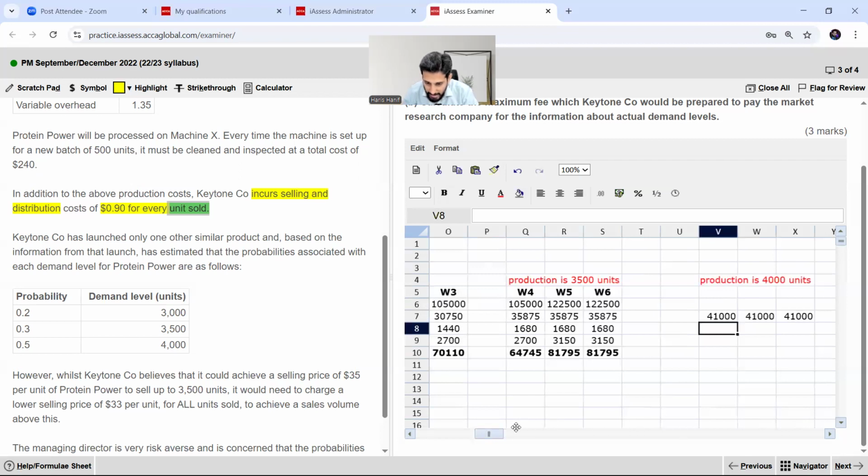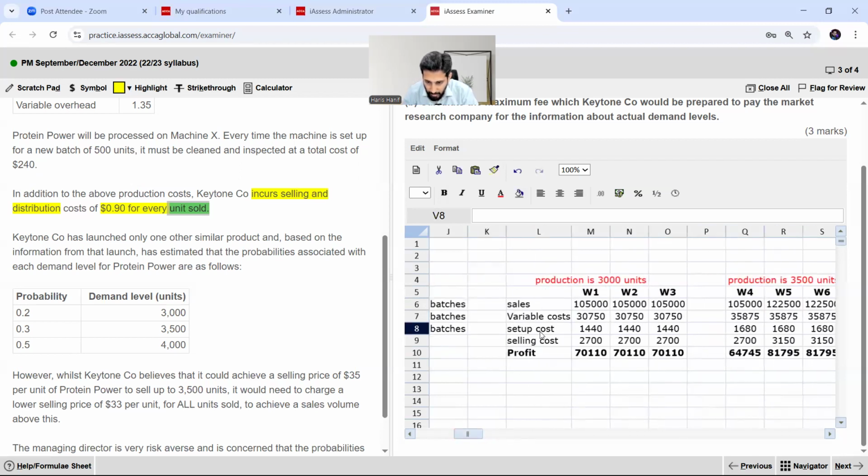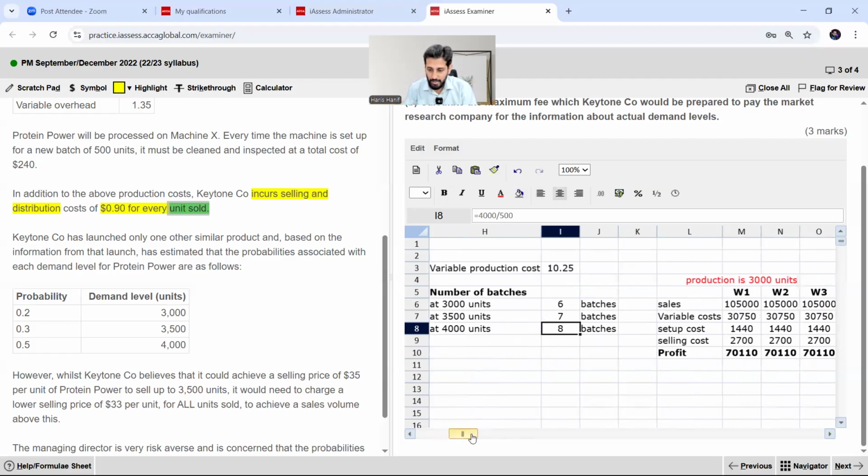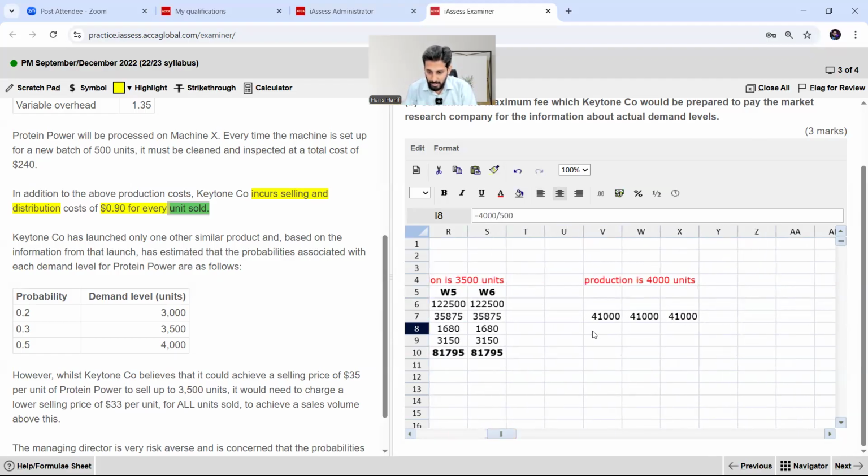And then there will be setup cost. Please see that setup cost at 4,000 units is 8 batches. And setup cost is based on the number of batches, right? So it is 8 batches multiplied by 240. It would be the same. Now, the difference is the number of units.